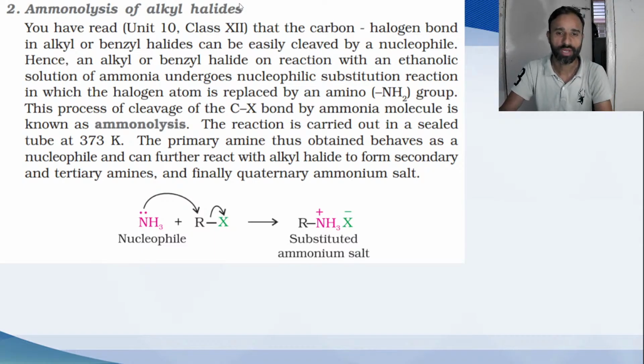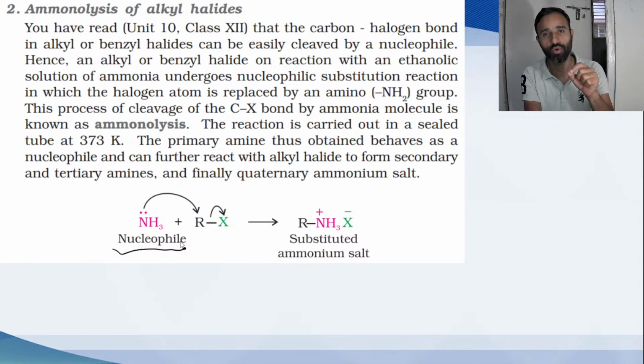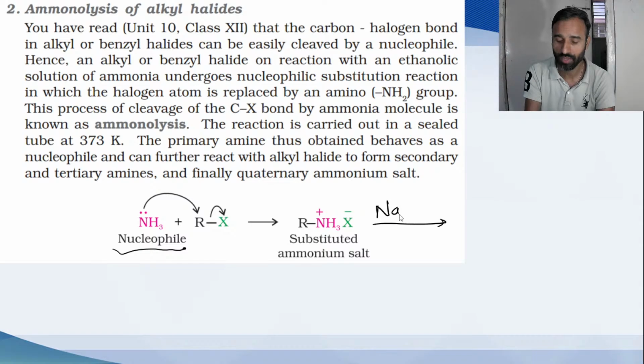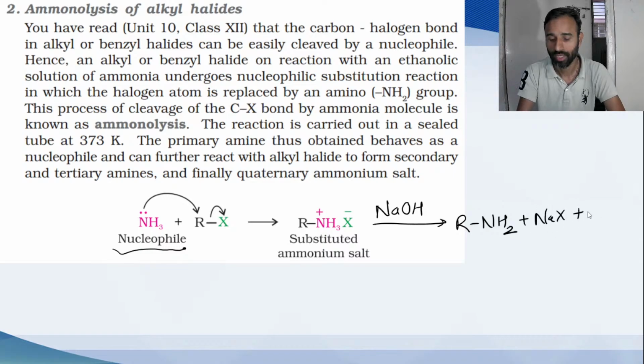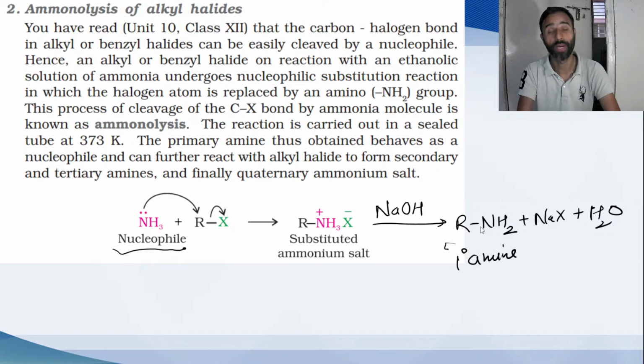Next, ammonolysis of alkyl halides. When we do ammonolysis of alkyl halide, because of the lone pair, ammonia acts as a nucleophile and attacks the alkyl group. We get an ammonium salt, which is treated with sodium hydroxide, and we get primary amine along with NaX and H2O.